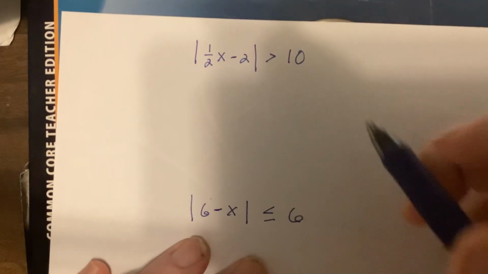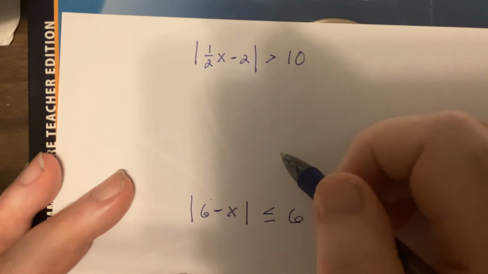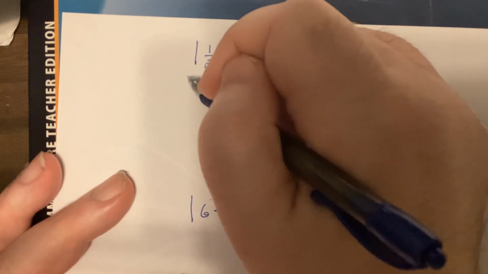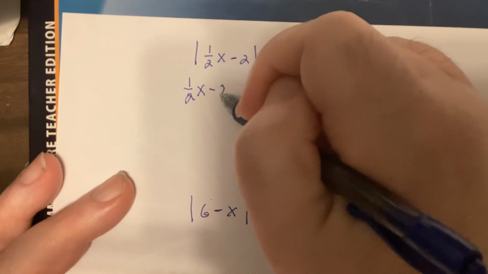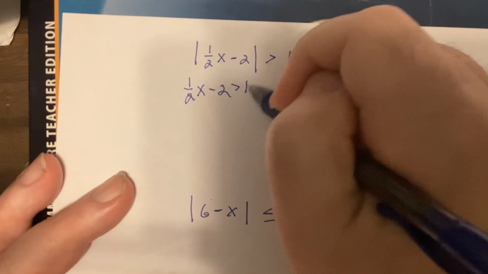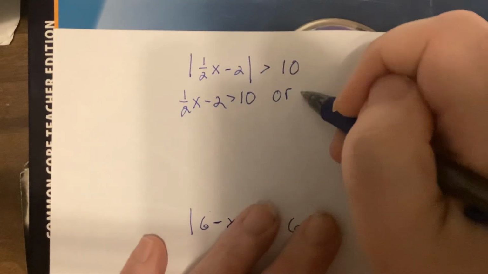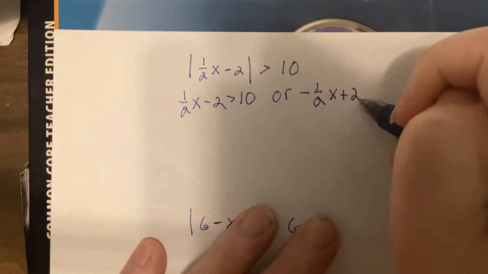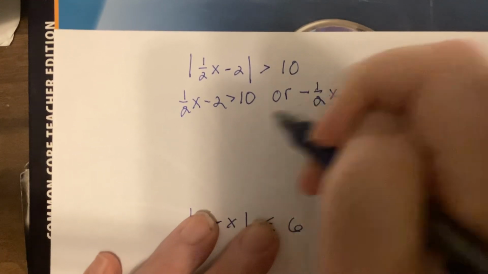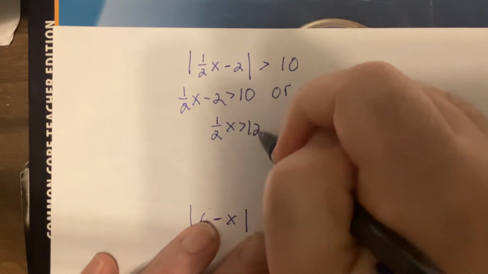Okay, do this one now for me, please. And then turn me back on. Okay, so I have 1/2 x minus 2 is greater than 10, or less than the opposite. Again, I'm skipping a step. So I'm going to add 2. Multiply by 2.